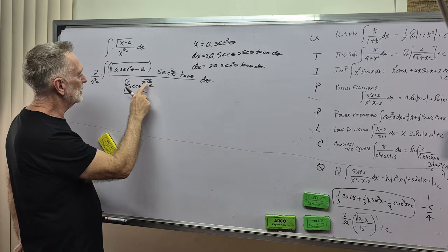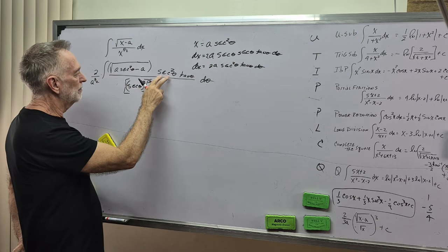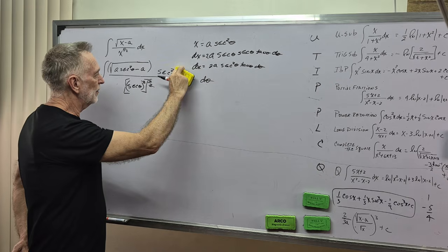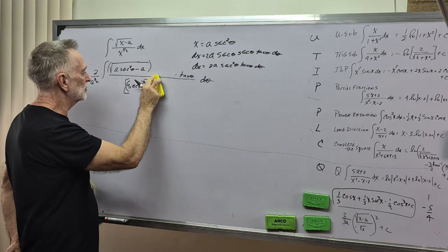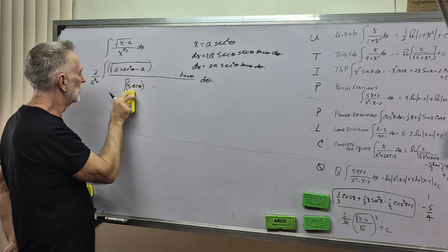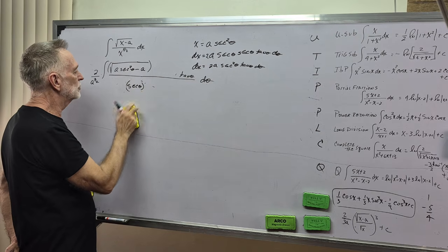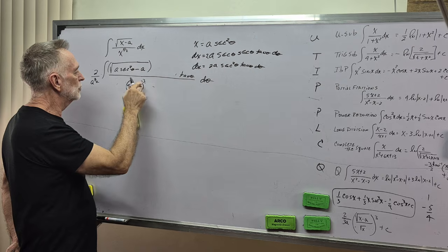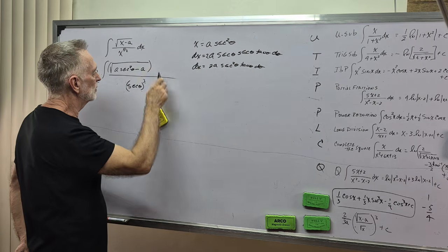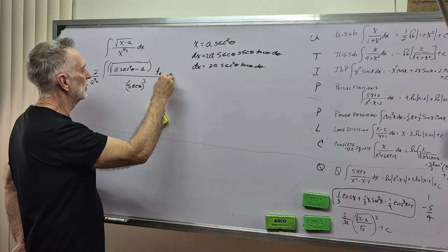Now, since I have secant to the 5th dividing into secant squared, that wipes out that secant squared and makes this one go to the cube. Secant theta to the cube power. Now scoot this tangent theta d theta.